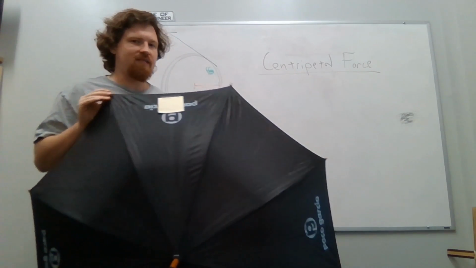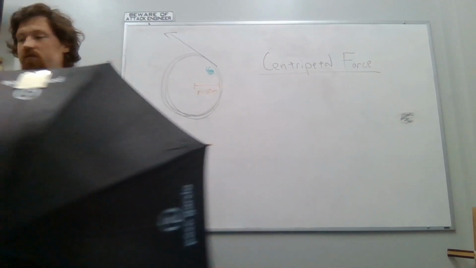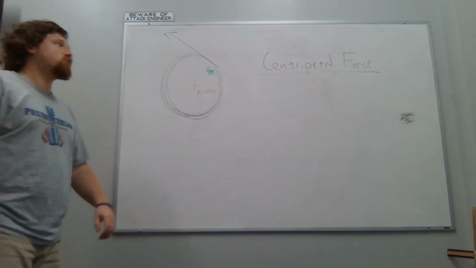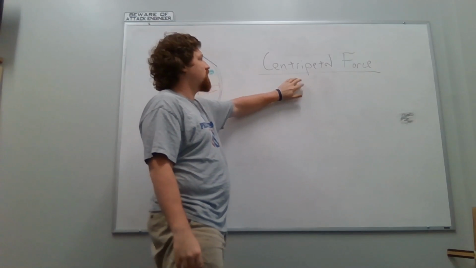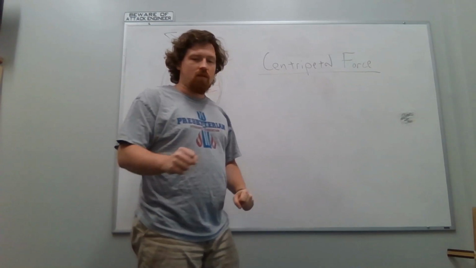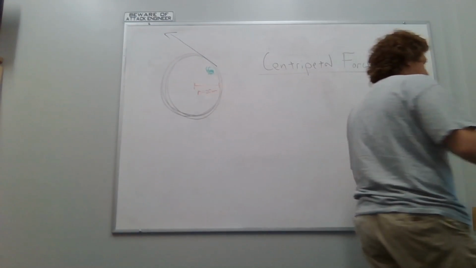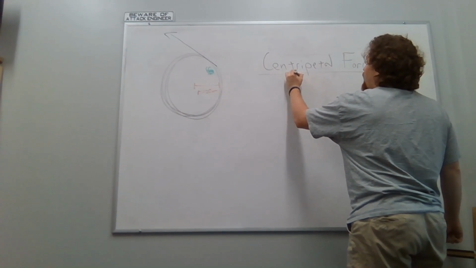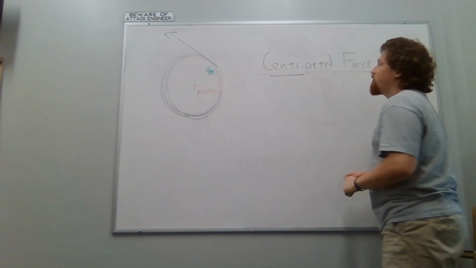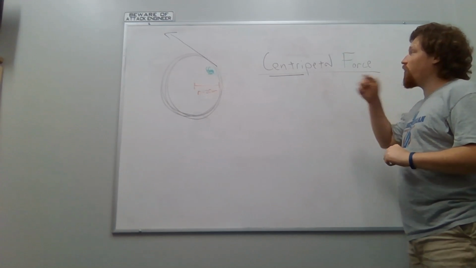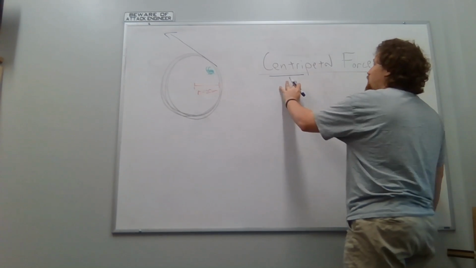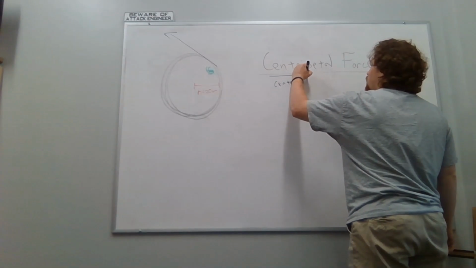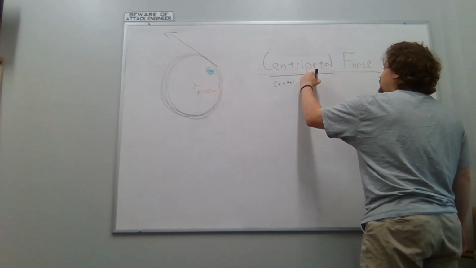And if you move on to slide 7, the specific thing that is causing that to happen is called centripetal force. Now, to best understand the definition of centripetal force, we're going to look at the root words that make up the word centripetal. The word centri means center, and the word petal means seeking.